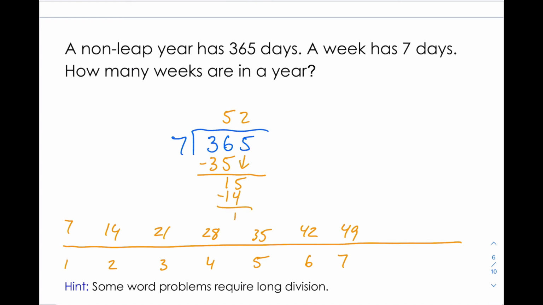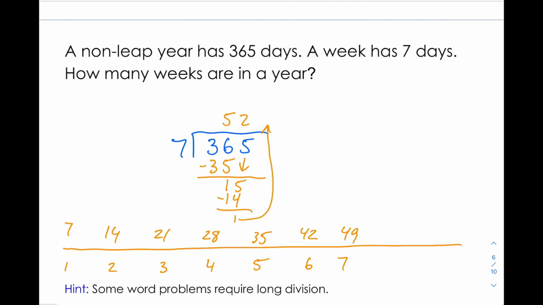No numbers to bring down, and so that 1 becomes my remainder. So how many weeks are there in a year? Well, there are 52 weeks and 1 day. That remainder of 1 is an extra day.